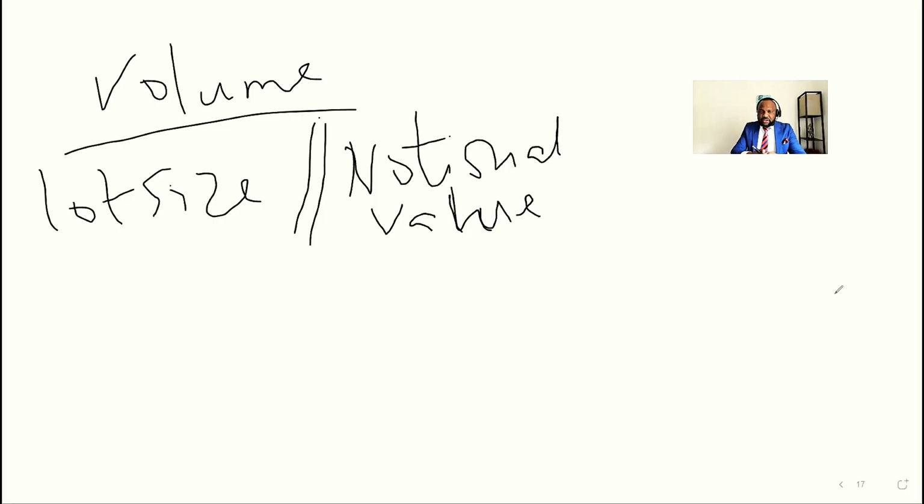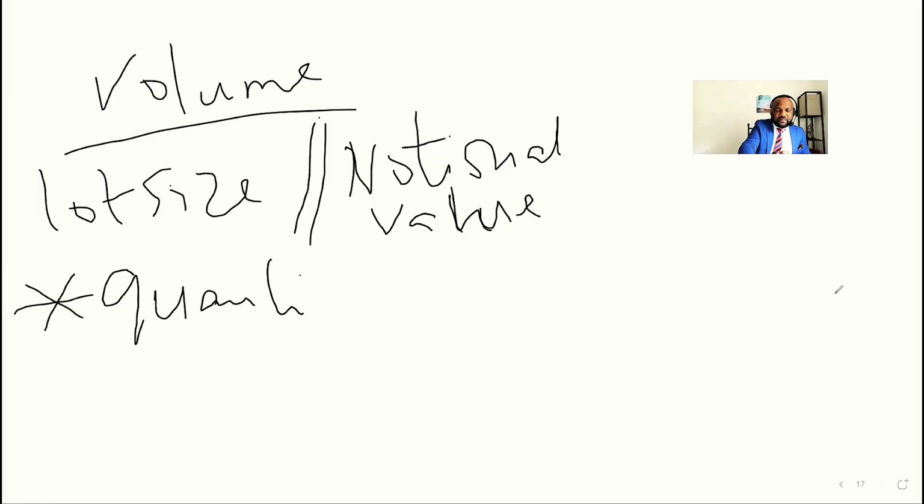They call it lot, they call it value, they call it volume. It means the quantity you are trading or you wish to trade. Volume means the quantity that you want to trade.